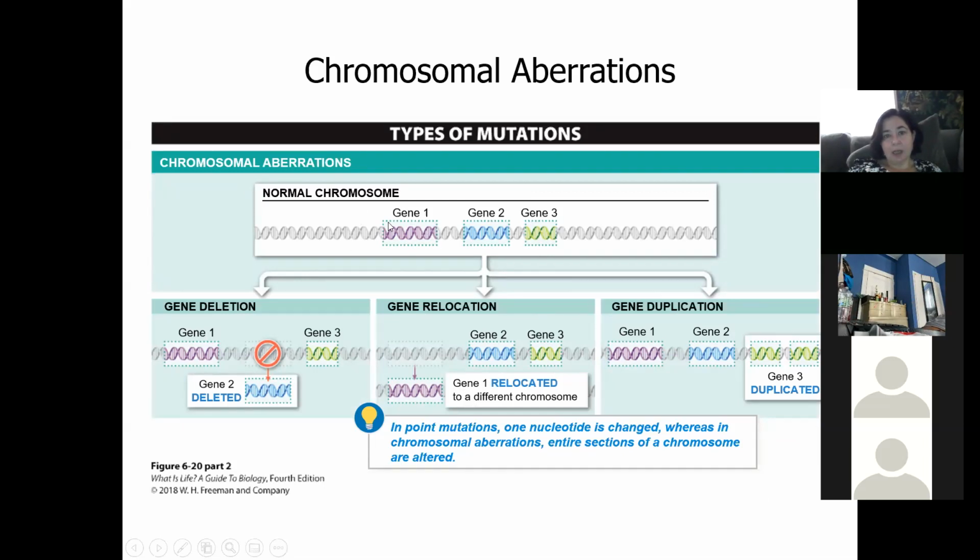Chromosomal aberration is something that breaks a number of genes on the chromosome, right? If one gene is deleted, or a gene is relocated, or a gene is duplicated, that has a greater impact on the entire function, not only one protein, but a bunch of things.